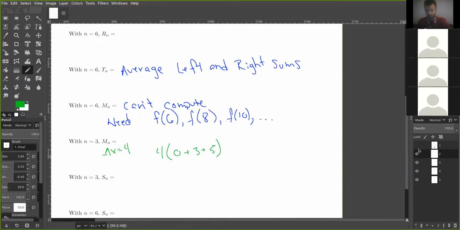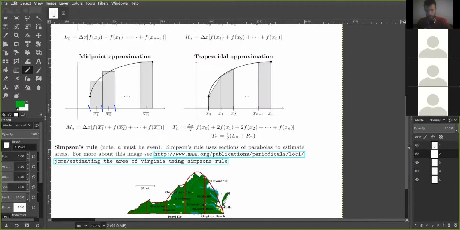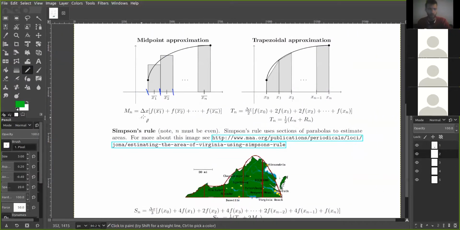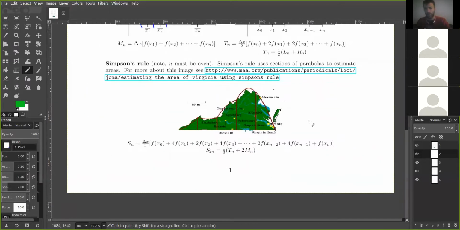Does everyone see that? So how does that fit in the function? My delta x was 4, and the height would be 0 plus 3, plus 5 for the next one. Any questions on that?